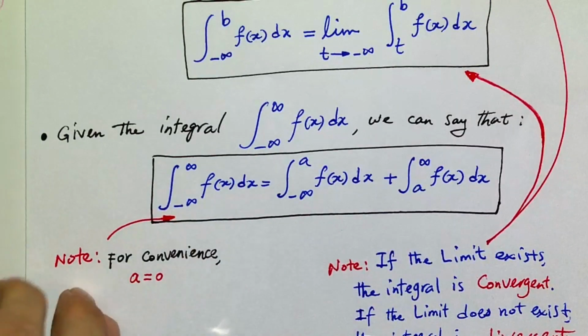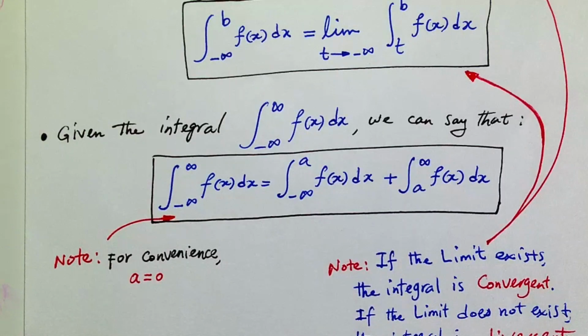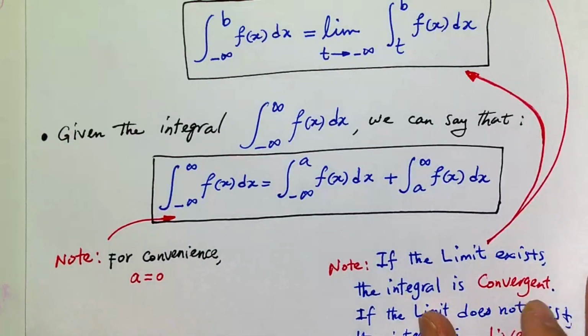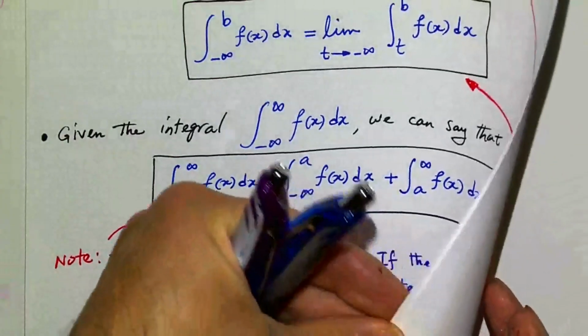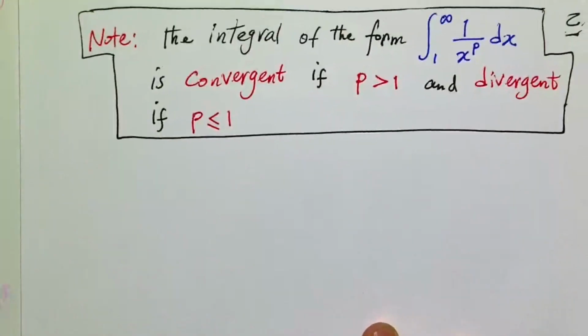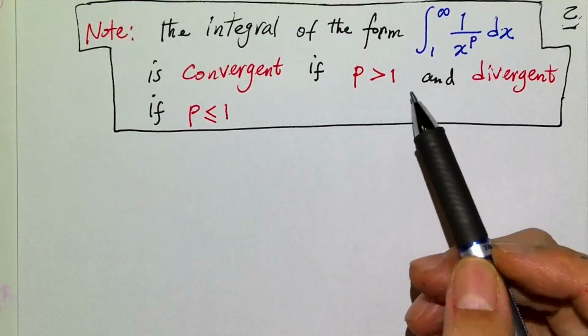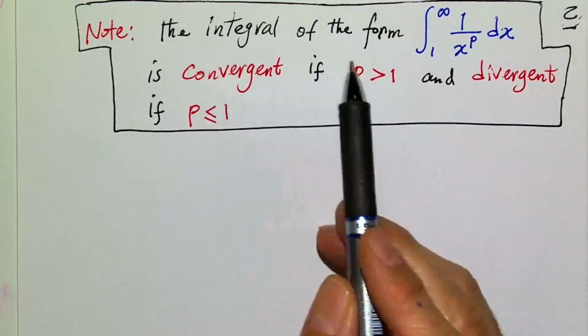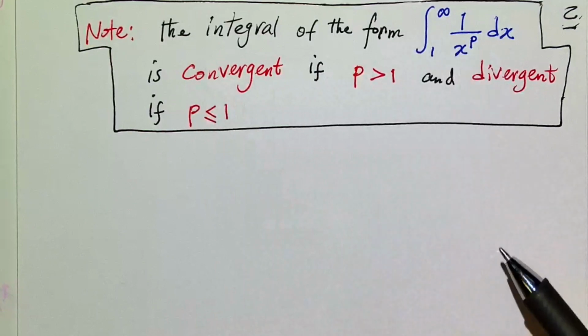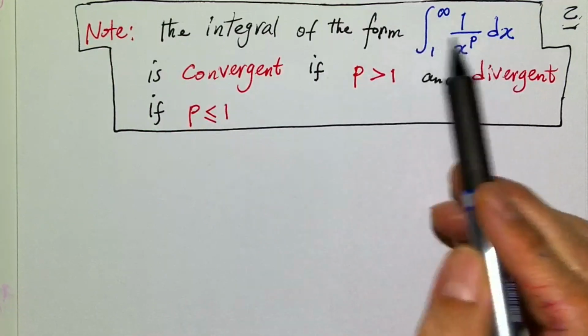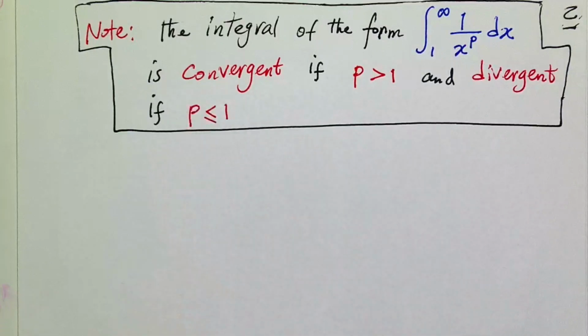Okay. All right, so let us go through some examples. Oh, before that, your book mentions this, so I should mention it too: if you have an integral of this form, then you don't need to go through that exercise that we just talked about, taking the limit.